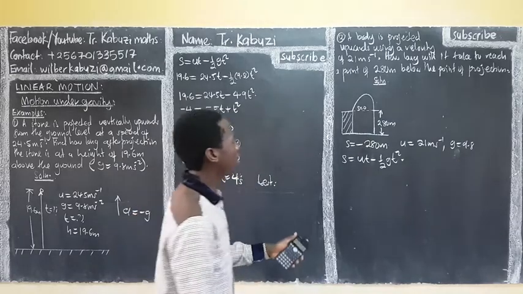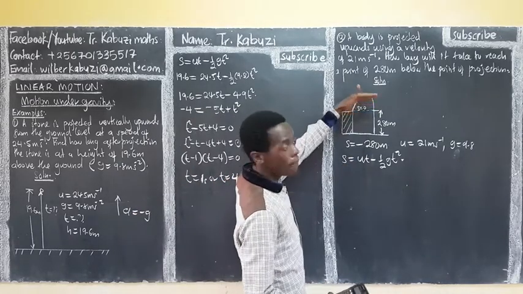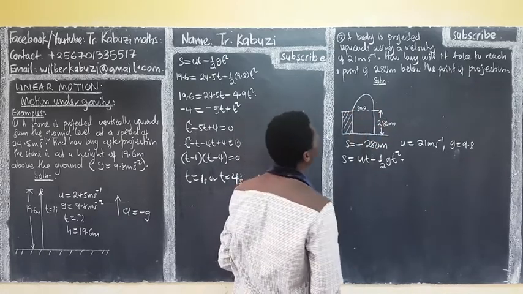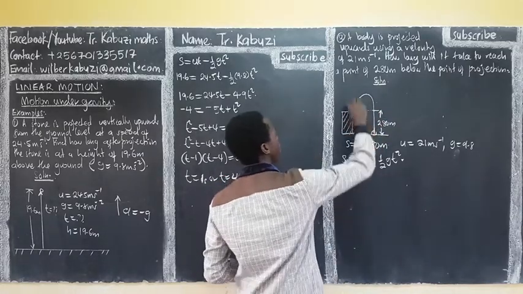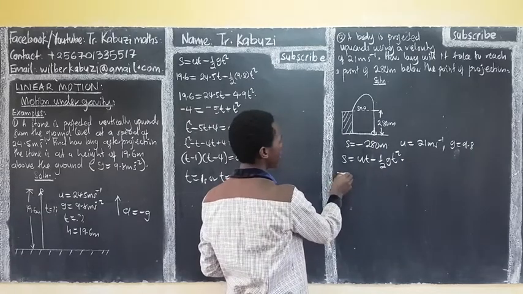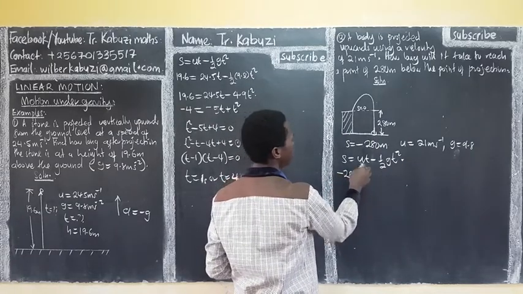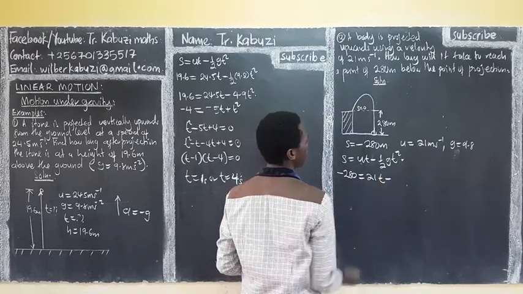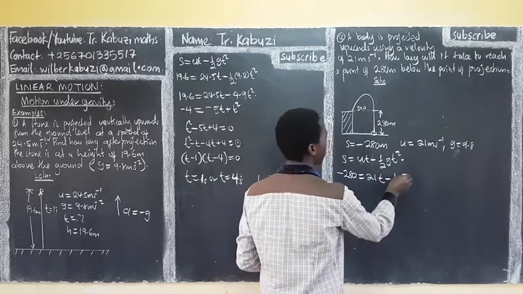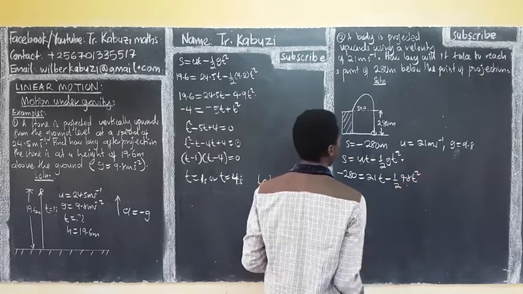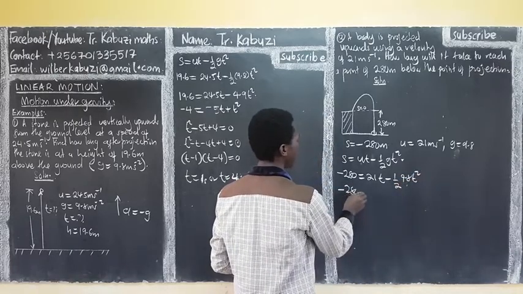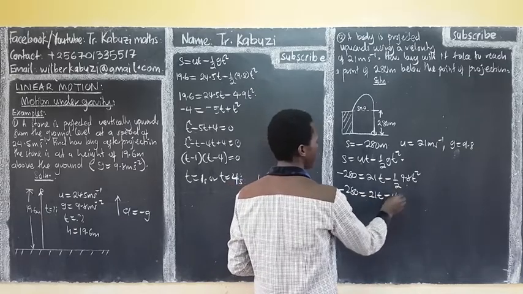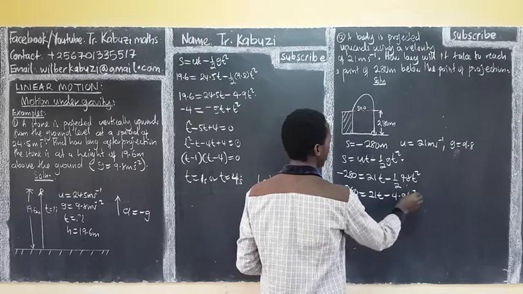You can see why this is negative, because it's below the initial point. So this is negative 280 equals u, our u is 21, times t we are looking for, then minus a half of 9.8 t squared. This would be negative 280 equals 21t minus 4.9 t squared.